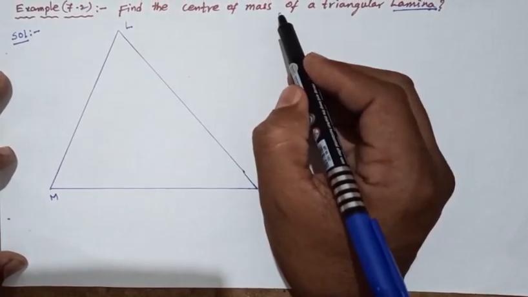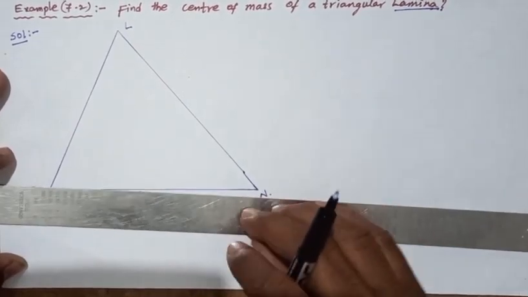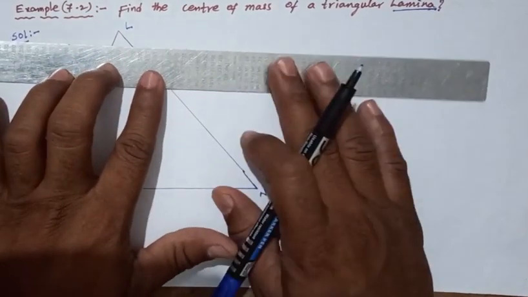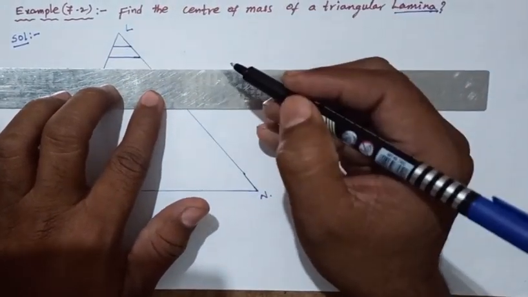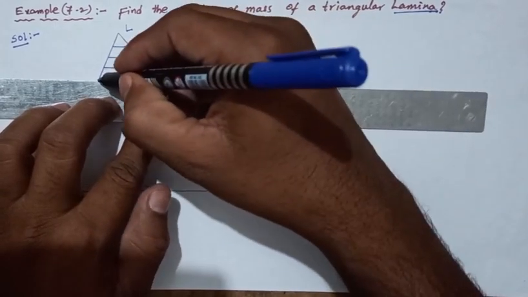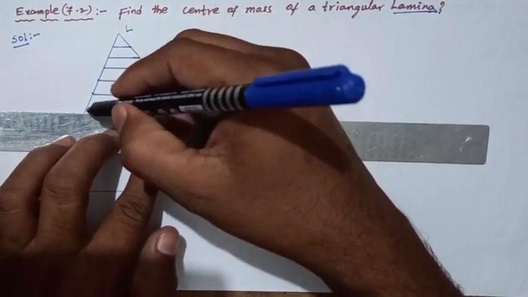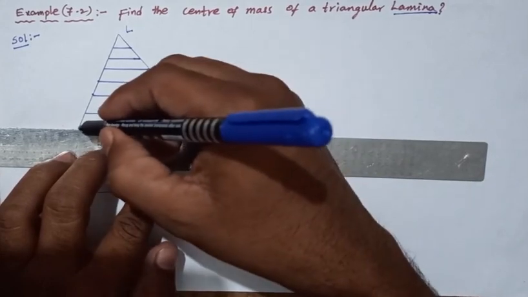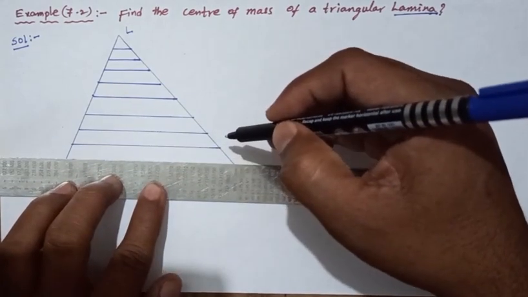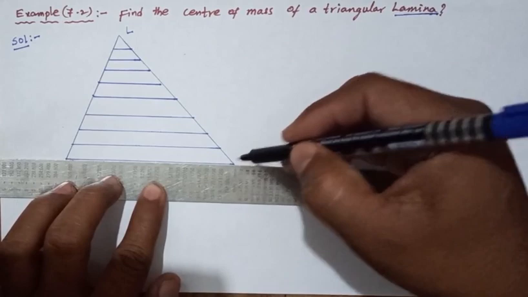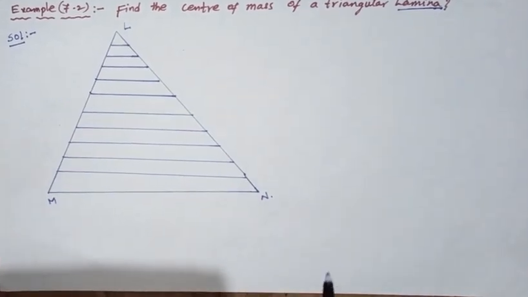So we can find the center of mass. First of all, I'm dividing it into parallel strips.